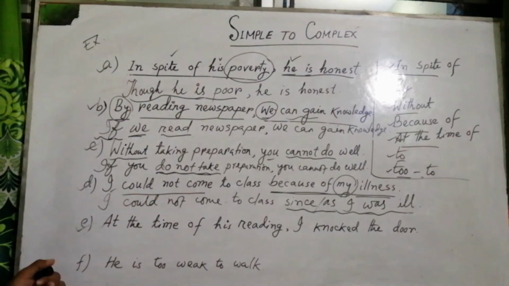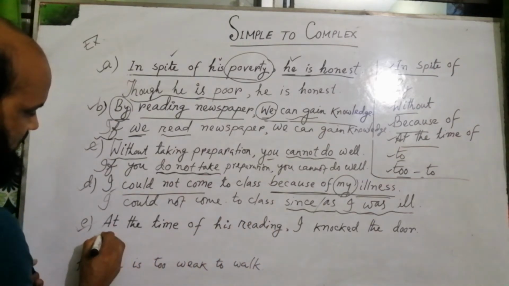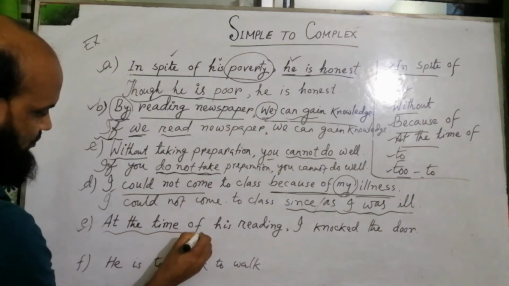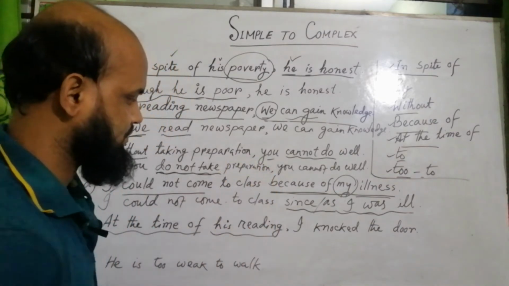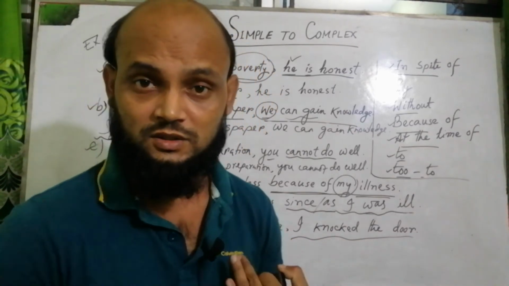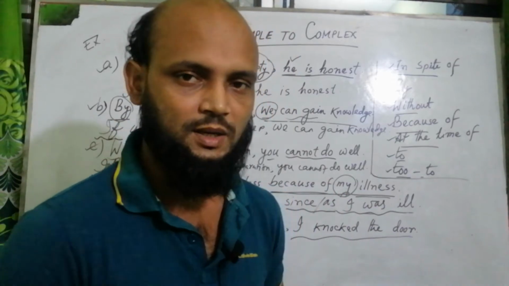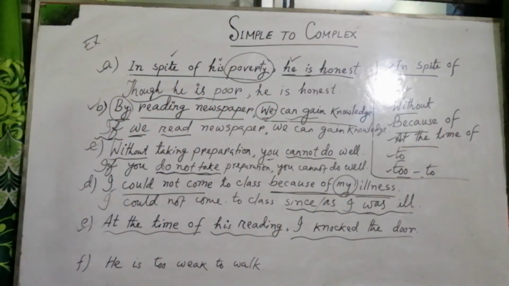E. So at the time of his reading, you see here, at the time of, this is a phrase, he is reading. I knocked the door. I knocked the door at the time of his reading. For at the time of, what you have to write?